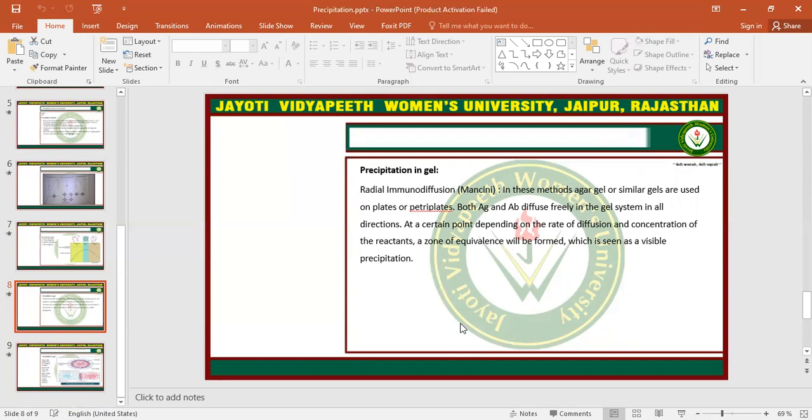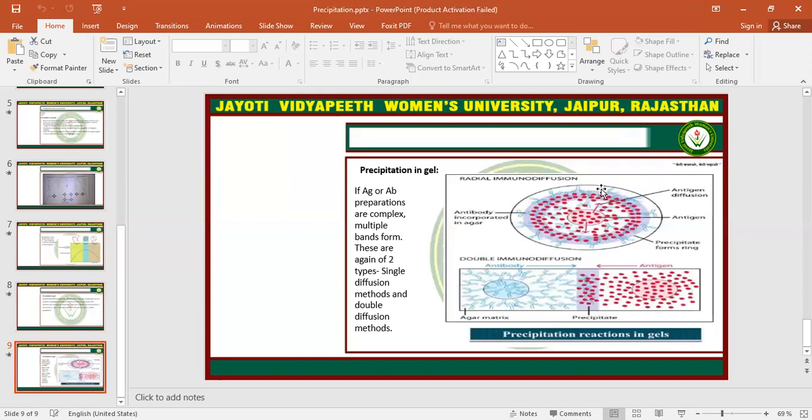At a certain point, the rate of diffusion and the concentration of reactants are equal, and the precipitation is formed, which can be easily observed. This is the radial immunodiffusion, that is, all directional.